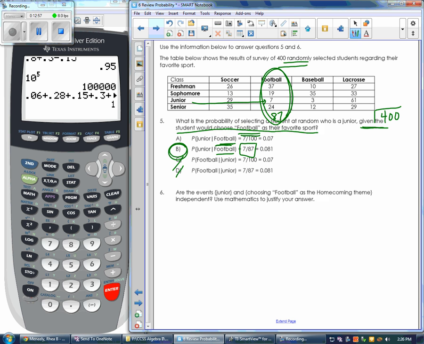Number 6 says, are the events junior and choosing football as the homecoming theme independent? Use mathematics to justify your answer. The easiest way to do this, if you remember, we said if the probability of A given B is still equal to the probability of A, then A and B are independent.